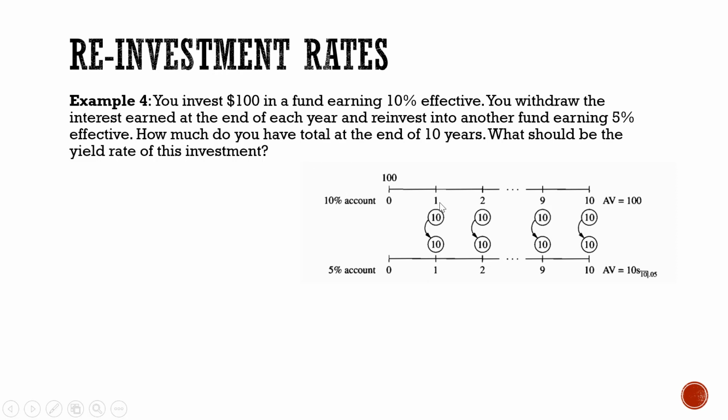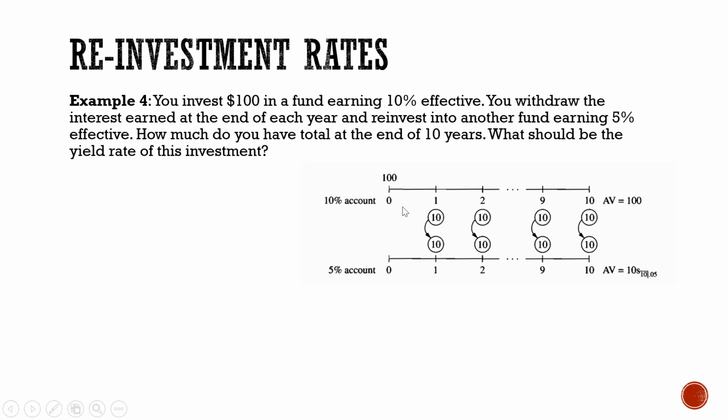So at time 1, we have $10 interest and $100 principal. But you withdraw the $10 interest and reinvest it into the second account. Then at time 2, from $100, you have another $10 interest, and the $10 interest at time 2 is also withdrawn and reinvested into the second account.